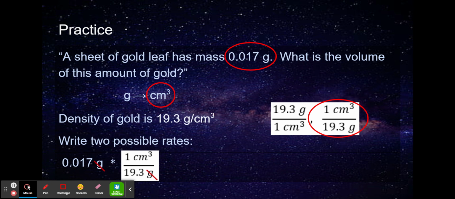It's grams. So our answer is going to have units of the only thing remaining, which is in the numerator, centimeters cubed. Evaluate the numeric portion, 0.017 times 1 divided by 19.3. It's going to give us a small number. Oops, that should be 8.8 times 10 to the minus 4 centimeters cubed. Pretend there's a decimal point in between those two eights.